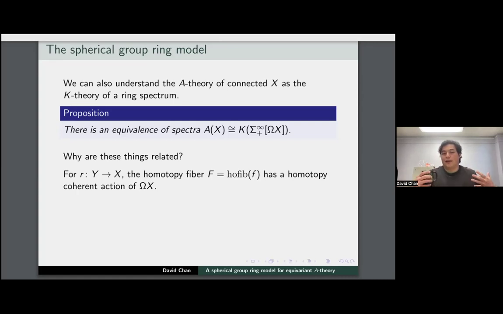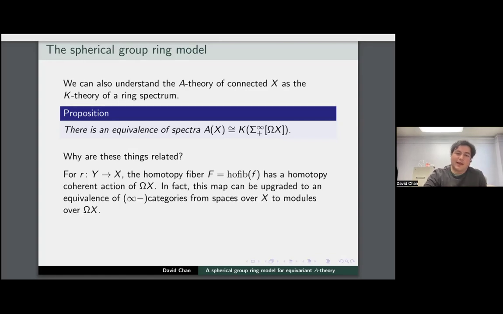So given on the left side a retractive space, you can produce something that looks like a module over loops X. And that's the kind of input that you would have to the K theory of suspension loops X. Or, you should think, if I have a ring, you want to look for modules over loops X. And this can be upgraded to an equivalence of infinity categories from spaces over X to modules over loops X. If you don't know what that means, don't worry about it.